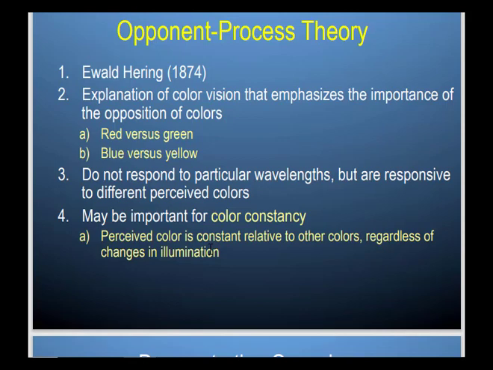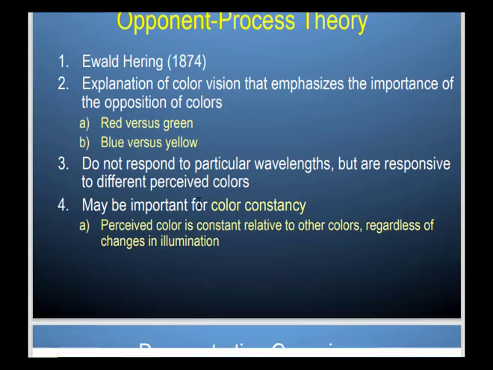Or if you go into a room and there's a red light on, you're probably still going to be able to pick out the green marker as long as you can compare it to the other colors that are around it. But if you're not able to compare it, you're going to have a much harder time because you're not able to do this comparison.